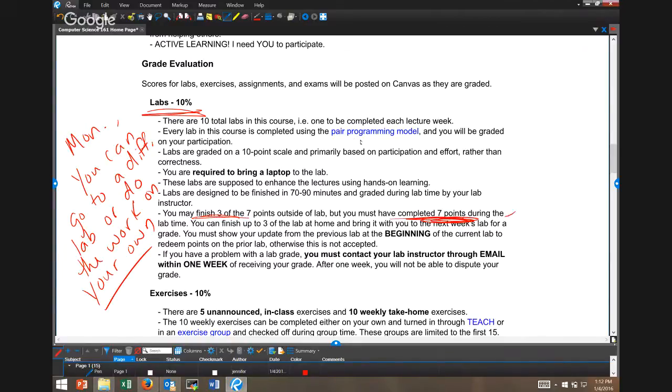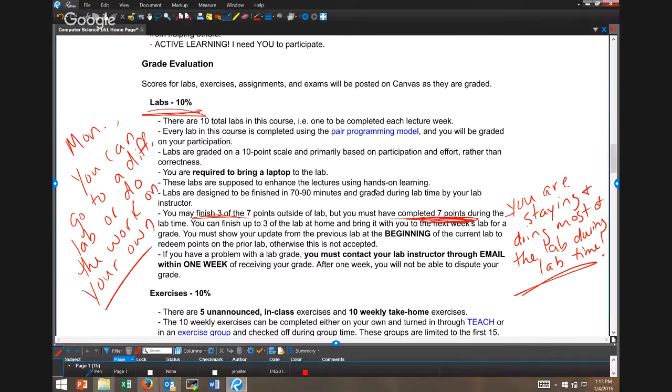I want to make sure that you are staying and doing most of the lab during lab time.